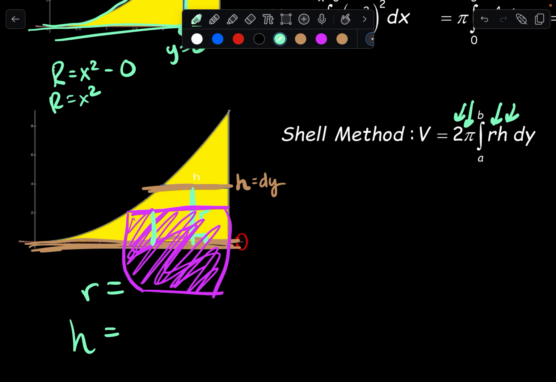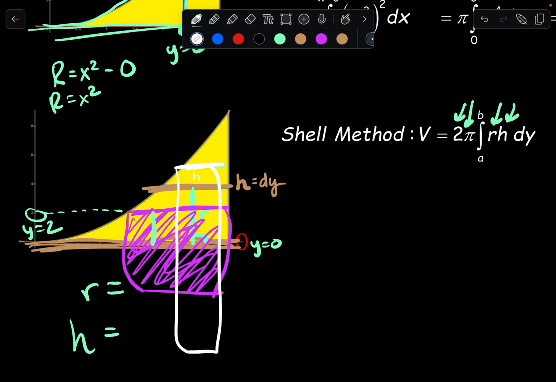The center of all of my cylinders is at y equals 0, but the radius for this particular cylinder is y equals 2, okay? So for that cylinder, my radius is 2, but it's not always 2 for every cylinder. What if I chose a cylinder out here? If I chose this cylinder here and I revolved it, then the radius for this particular cylinder is going to be 6. And then same thing out here, I'll have a cylinder with a radius of 8.